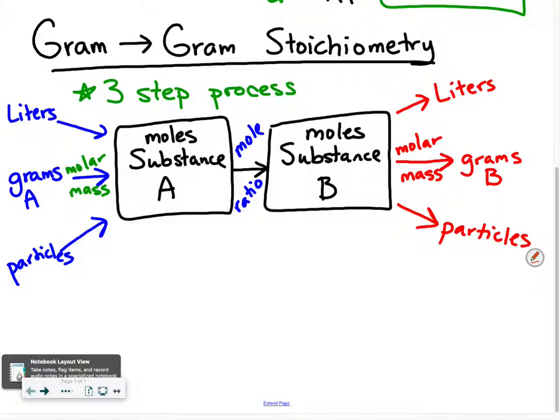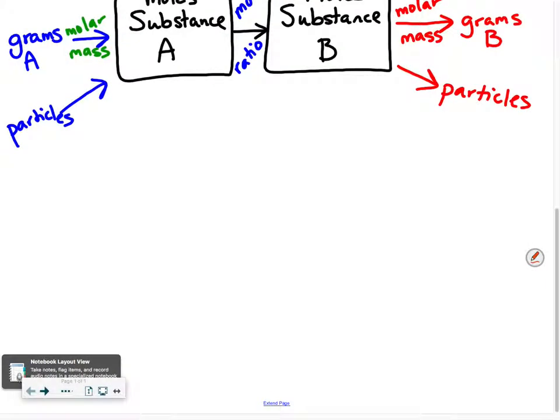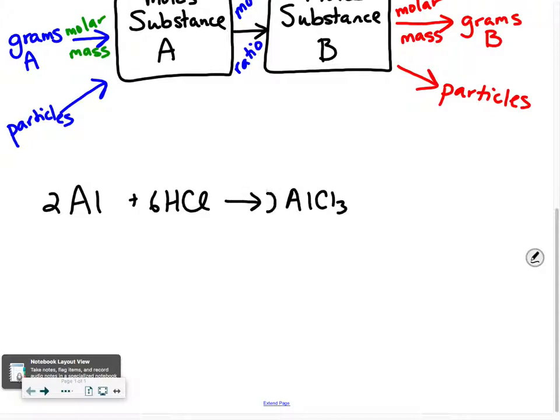So let's use that equation that we just used for the mole to mole conversion, and let's turn it into a gram to gram conversion. So what did we have? Al plus HCl is what? 2, 6, AlCl3, 3H2.